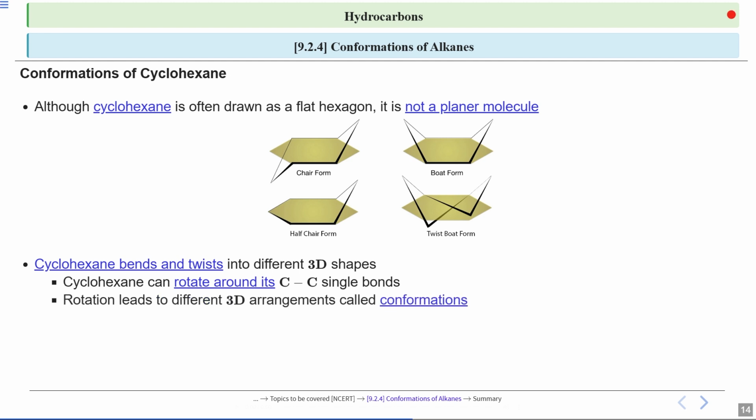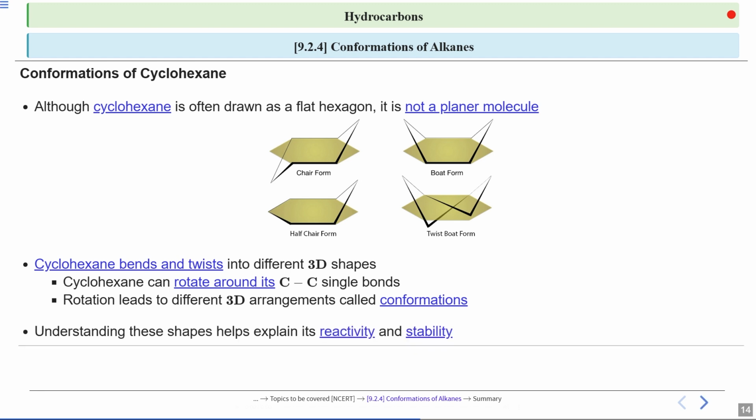This rotation leads to different 3D arrangements called conformations, and one such conformation for your cyclohexane is named the chair form. We have other conformations also, like the boat form, half chair form, and the twist boat form. Now, understanding these shapes is important to explain its reactivity and stability as well.